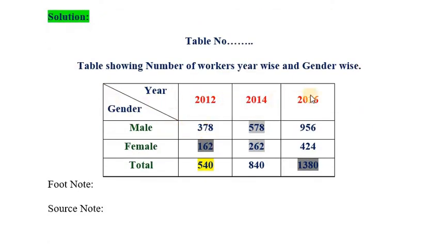Next, decide upon the number of columns and number of rows, and this again depends upon the variables, as we have identified only two variables in this problem. One variable let me choose as caption, and the other variable I have chosen as stub. Here I'll put year as caption, so we have mentioned 2012, 14 and 16, and similarly the stub headings are decided here as gender: male, female and total.